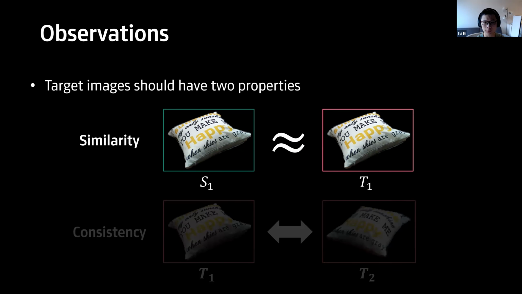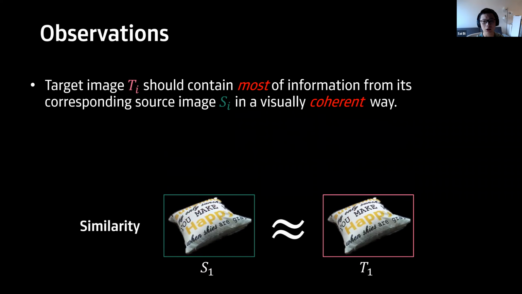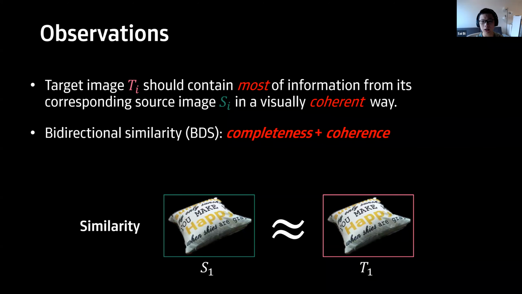To satisfy the first property, we need to ensure that the target images contain most information from their source images in a very coherent way. Here, coherence means that there are no new structures or artifacts in the target image. We use bidirectional similarity to meet this requirement, which consists of two terms: completeness and coherence.